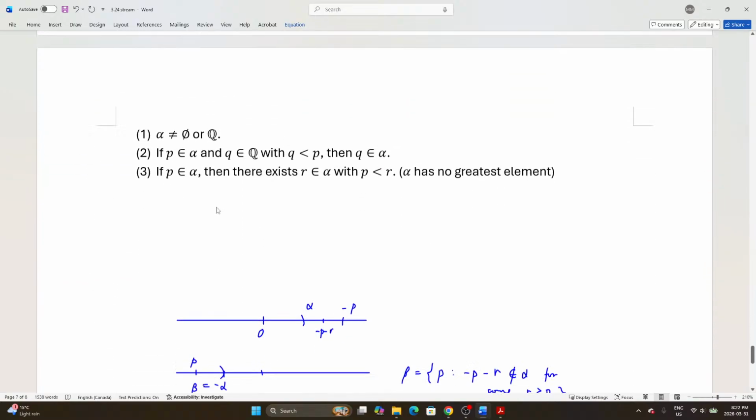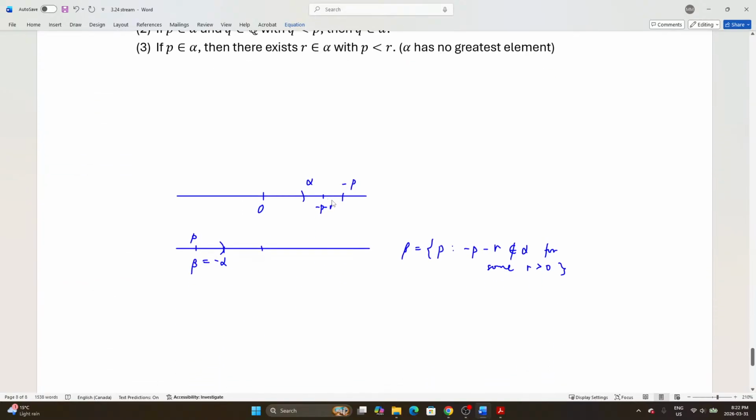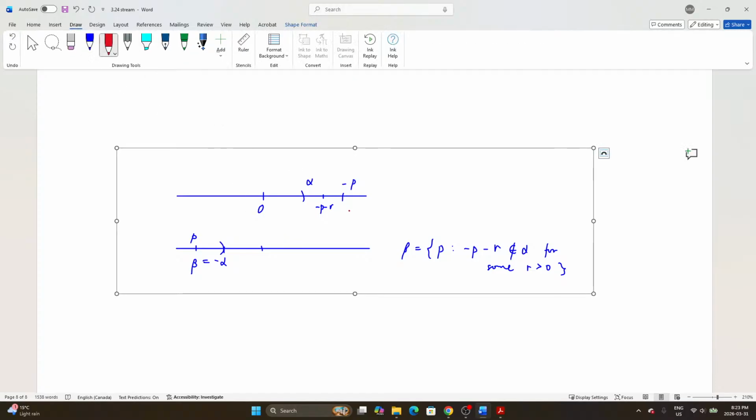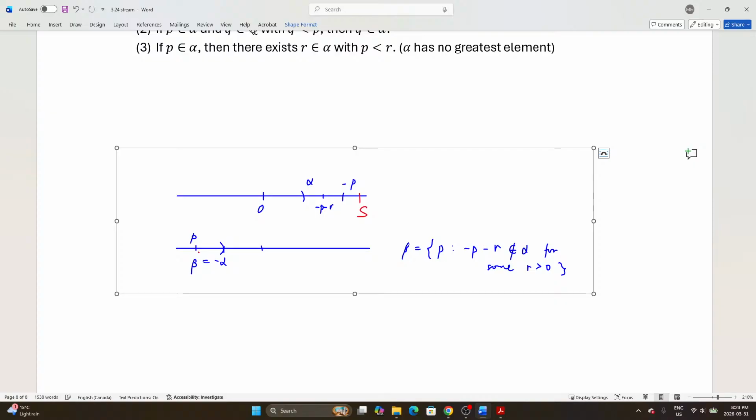So let's see, just based on this picture, S is somewhere here. How do I construct that? Let's say S is here, and minus S should be here. Minus S minus 1 is in beta, right?